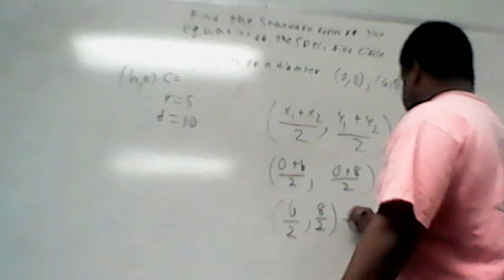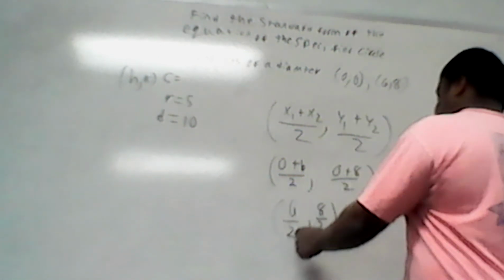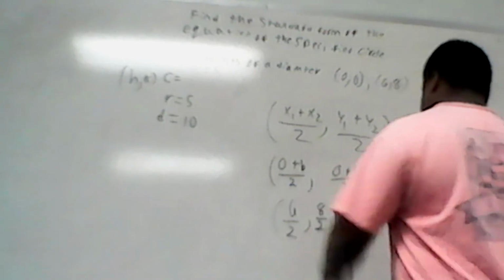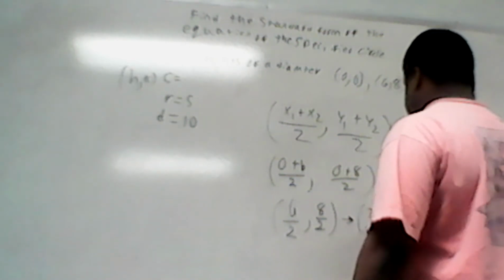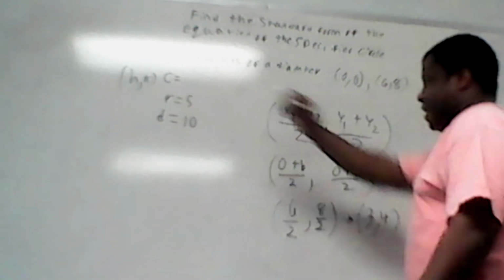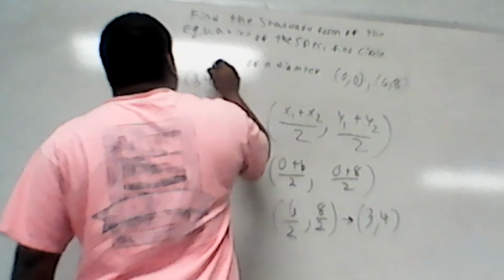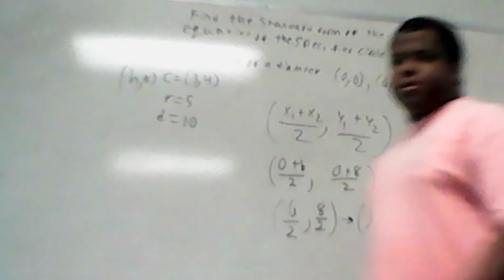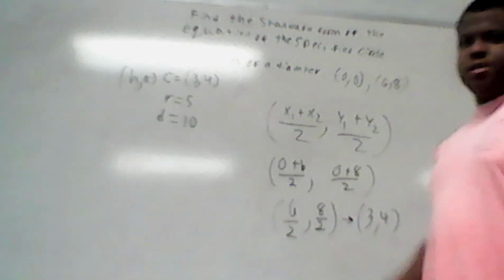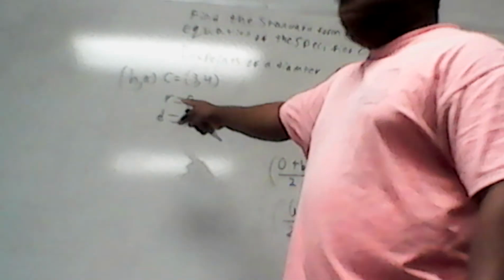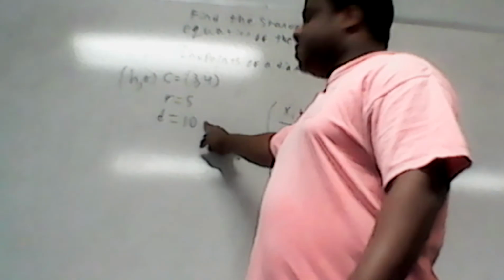All right, and then 6 divided by 2 equals 3, and 8 divided by 2 equals 4. So my midpoint, my (h, k), is (3, 4). Okay? I know it's kind of blurry right there, but this is (3, 4). This is 5, and this is 10.